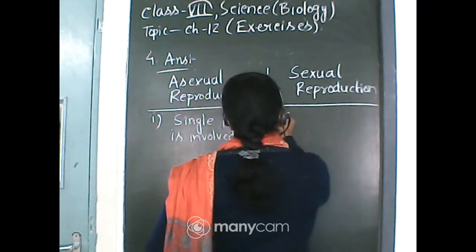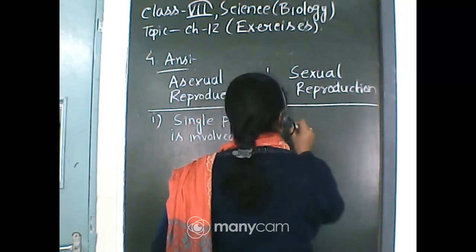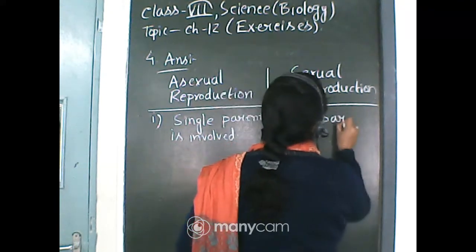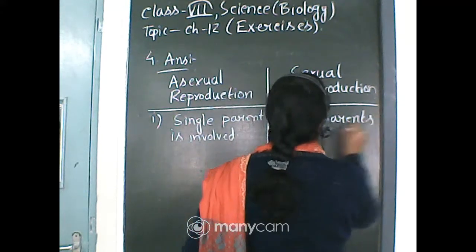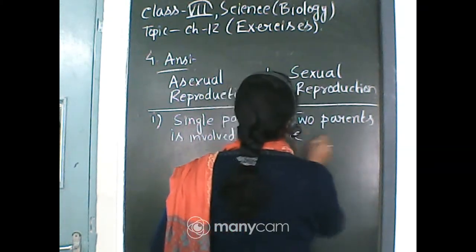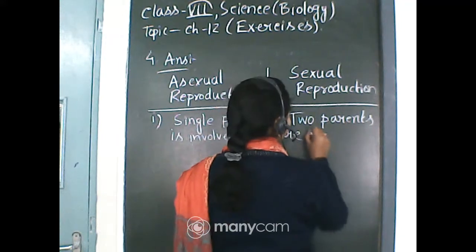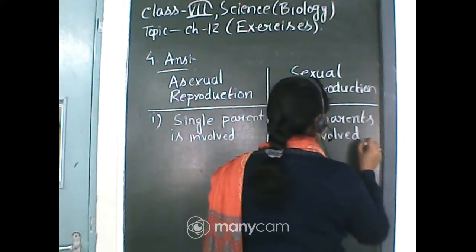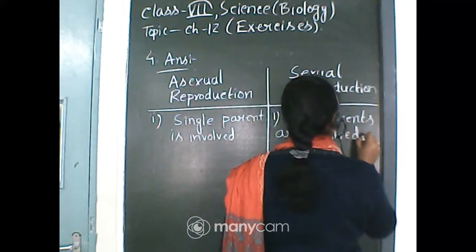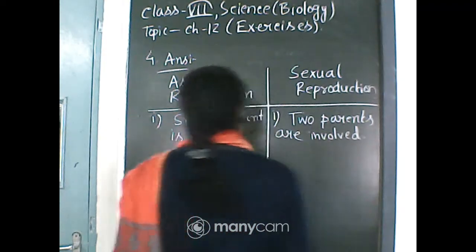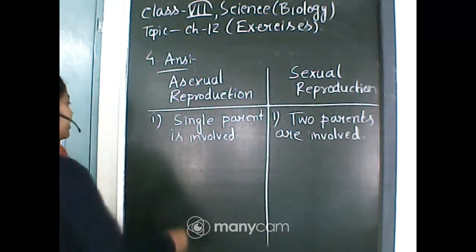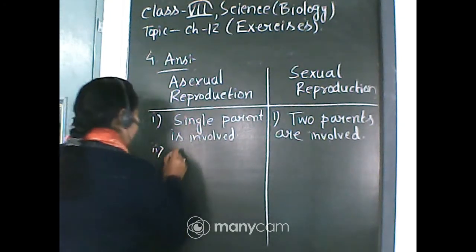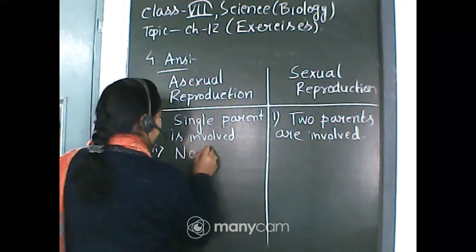And in case of sexual reproduction, two parents are involved, mainly male and female. Understood this point? Second point you can write: no gamete formation takes place.